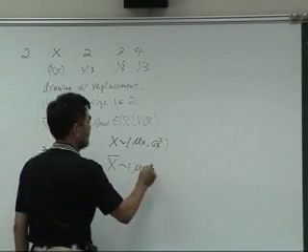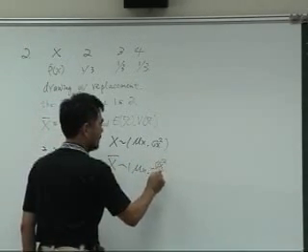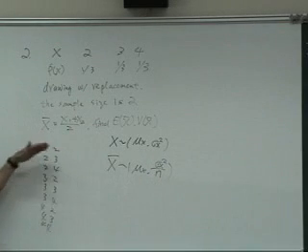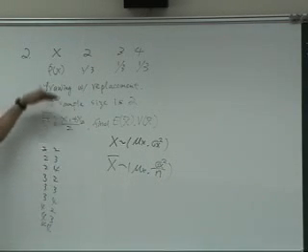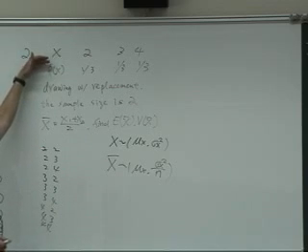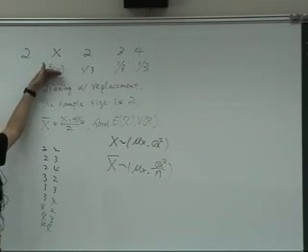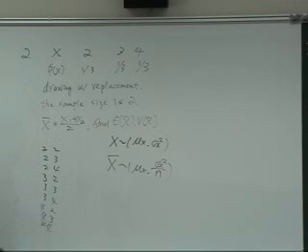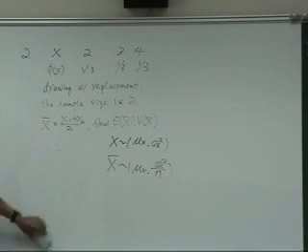Mu_X and sigma_X squared divided by n, right? So really, you don't have to deal with this. If you can find out the mean and the variance for this distribution function, you're done.